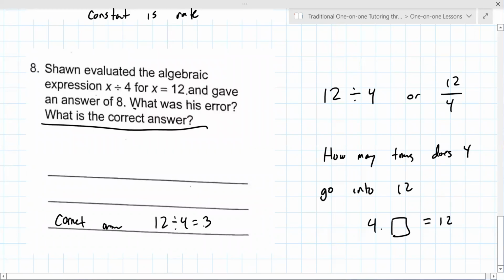So how do you think he came up with 8? How do you get 8 from 12 and 4? Well, I don't know. Maybe, did he add the numbers to get 8? Well, 12 plus 4 would be 16. Divide that by 2 would be 8, I guess. Okay.